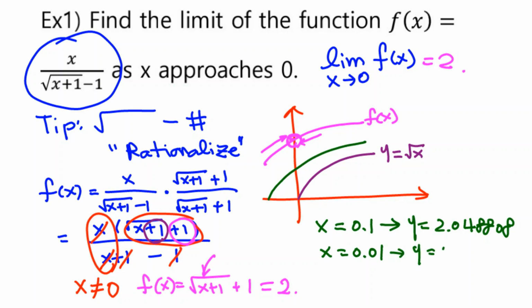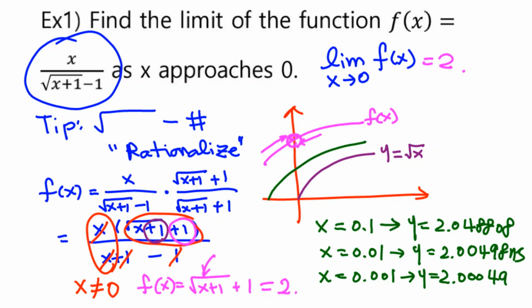Okay, even closer. So 2 zeros and 1, y is 2.000499. So as you can see, as x is getting closer and closer and closer to 0, y is getting closer and closer to 2. So 2 is the answer.